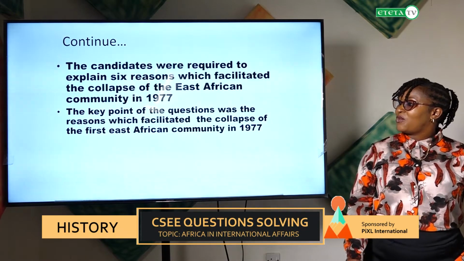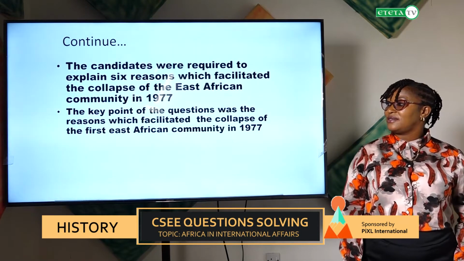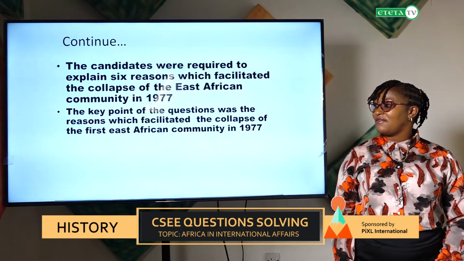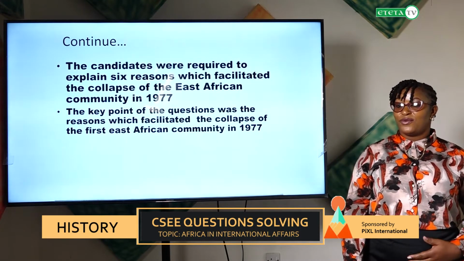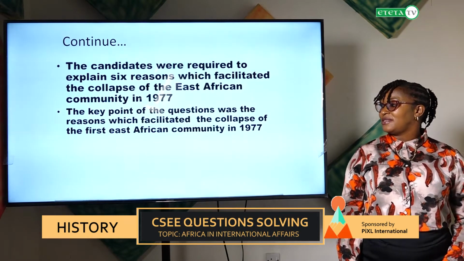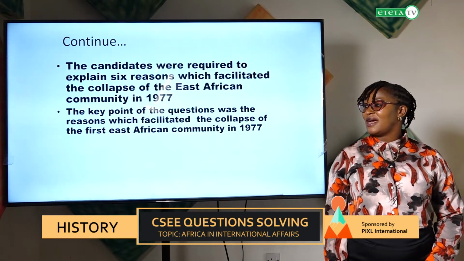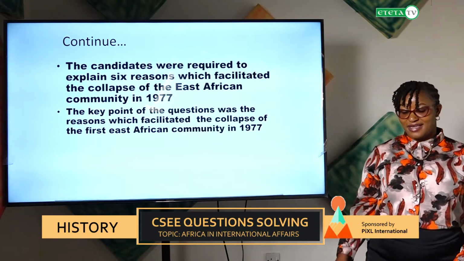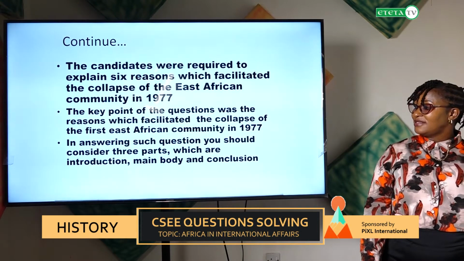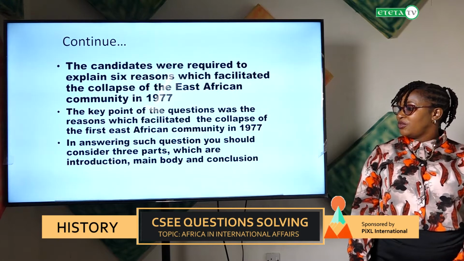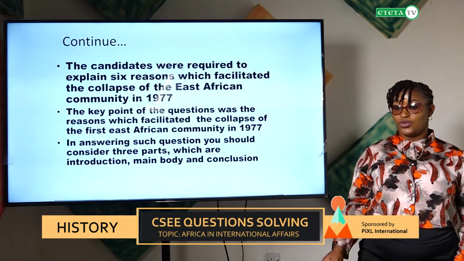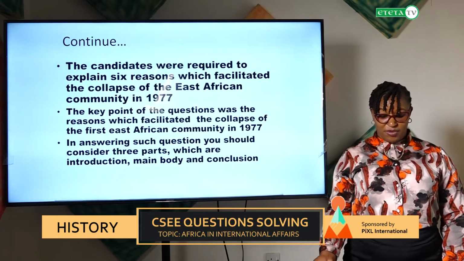The candidates were required to explain 6 reasons which facilitated the collapse of the East African community in 1977. As I said before, the key point of the question was the reasons which facilitated the collapse of the first East African community. In answering the question, you should consider 3 parts: introduction, main body, and conclusion, as I introduced before.